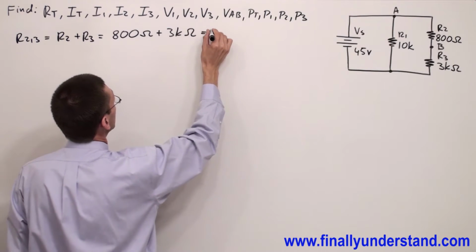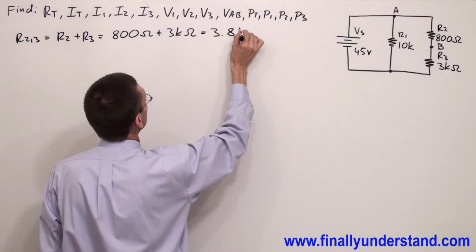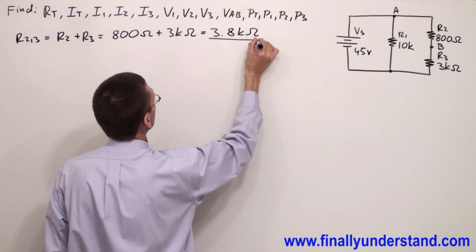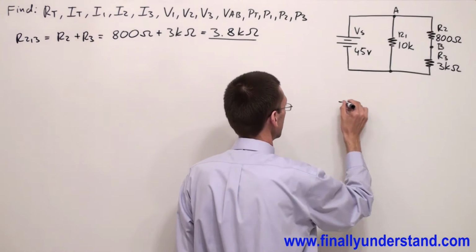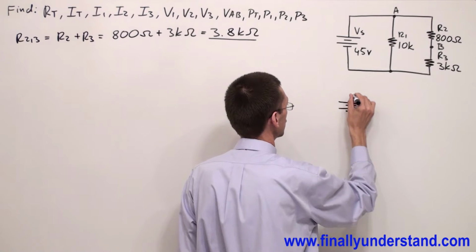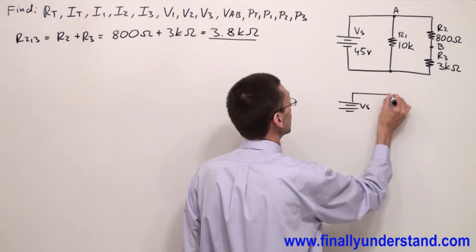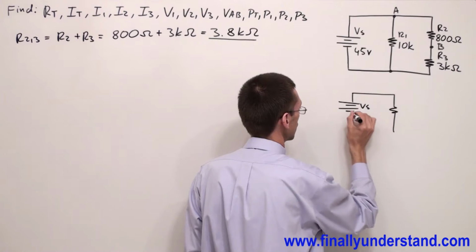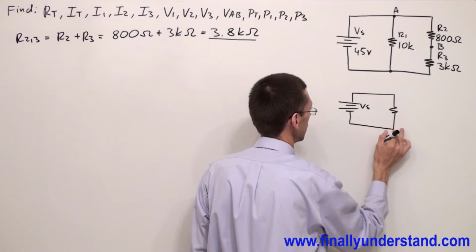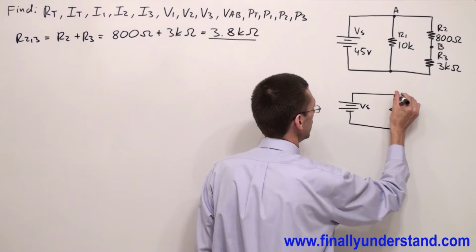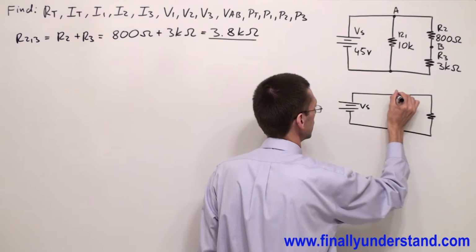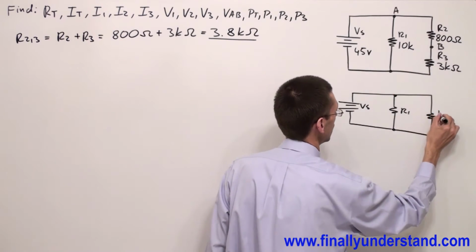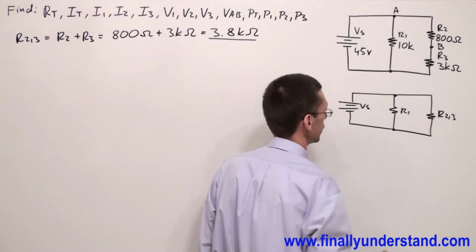This is equal to 3.8 kilo ohms. Okay? You can redraw the circuit and you will have the voltage source, you will have resistor R1, and you are going to have a resistor which is the combination of these two resistors, R23.